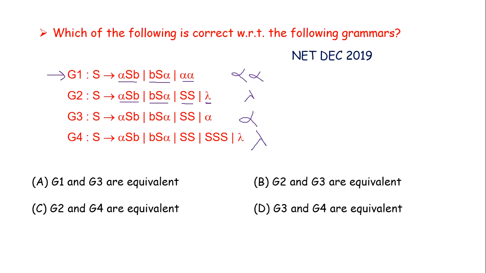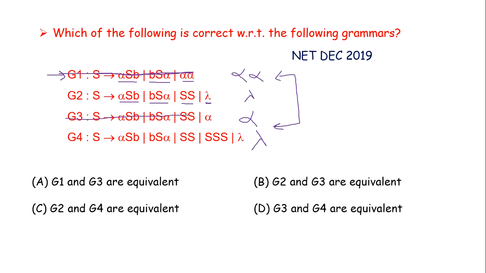Now we know the smallest string from all these grammars, and you can see that G1 and G3 have alpha alpha and alpha respectively as the smallest string. So it is very clear that G1 and G3 are not equivalent to any other grammar. So we will just ignore G1 and G3.